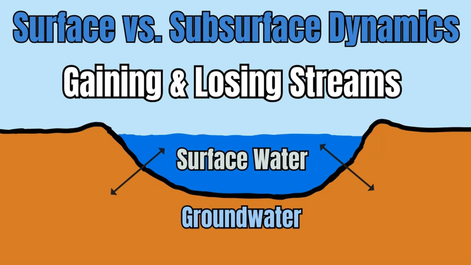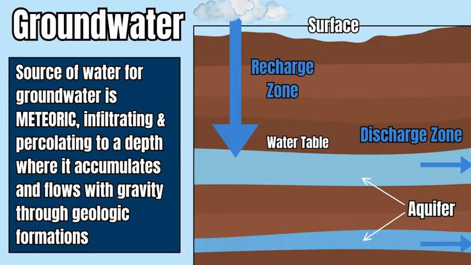How water moves between the surface water and the groundwater is the focus of this video, looking at both gaining streams and losing streams and what these are and how they work together to create the flow of water on the Earth's surface.